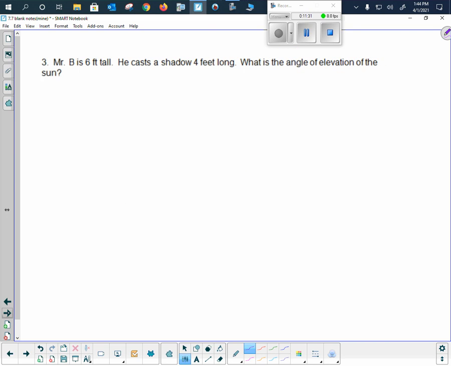All right, the next one. All right, so again, I'm just going to randomly draw a right triangle. Why don't you stop the video and see what you can do to try to fill in the picture yourself. All right, so here's what you should see. Mr. B is standing up, so this is the 6.